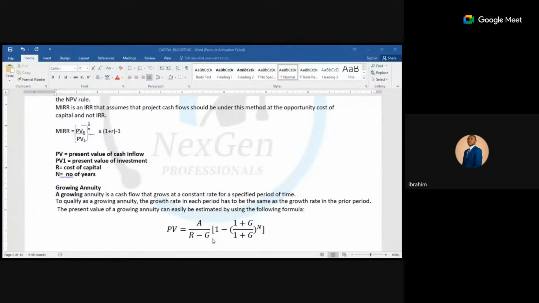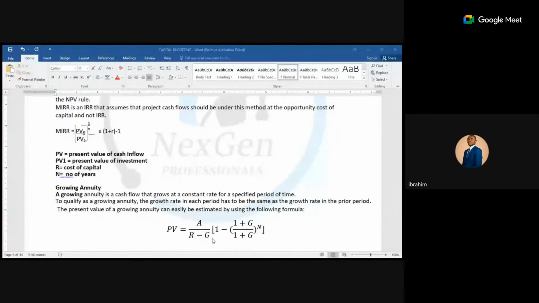So the question is, what is the present value of that contribution? You can use this annuity growth formula, where R is equal to the cost of capital, G is the growth rate. I think we'll look at that under adjusted present value. I think one of the past questions thereabouts is given 10 years.